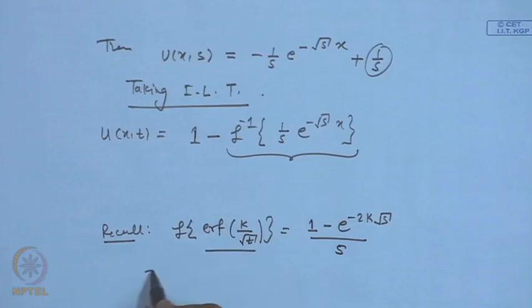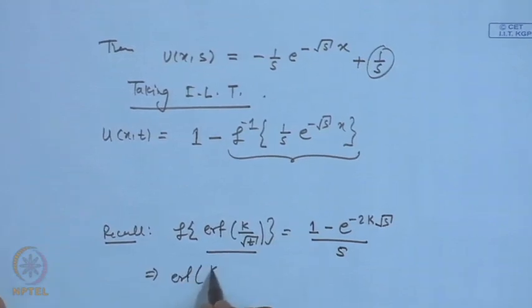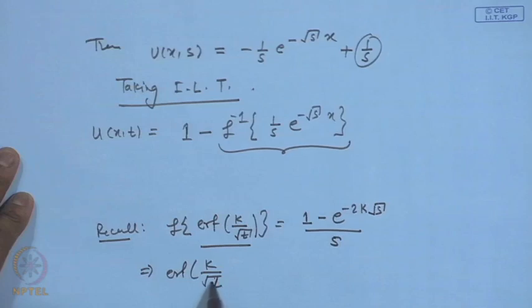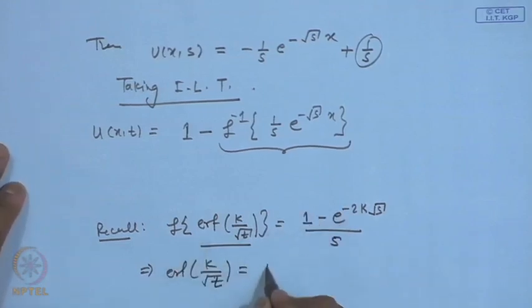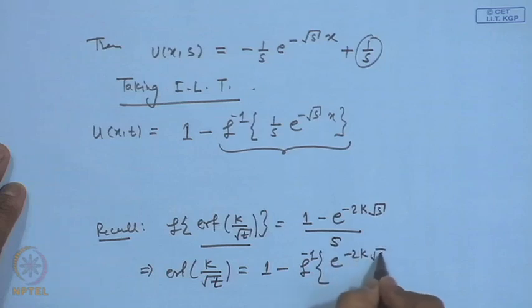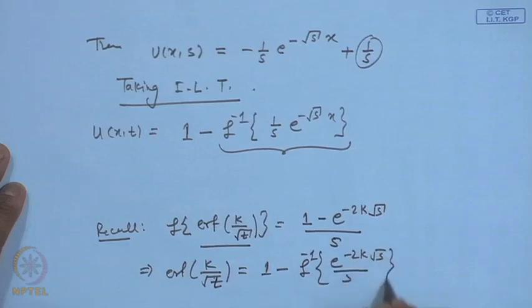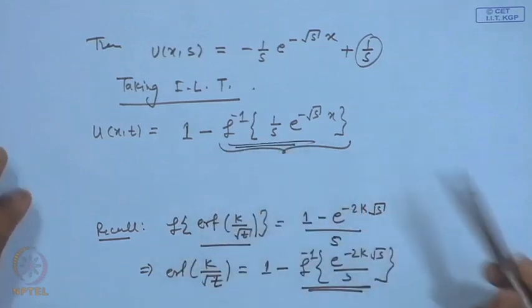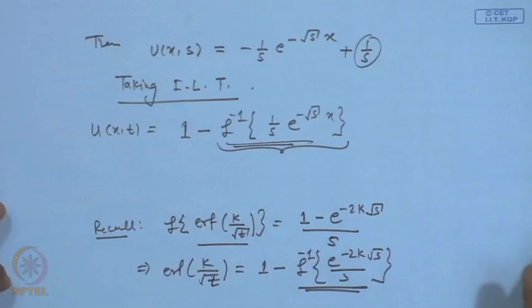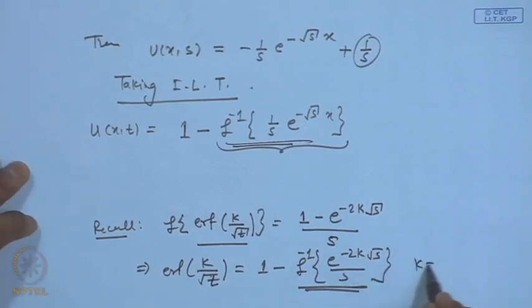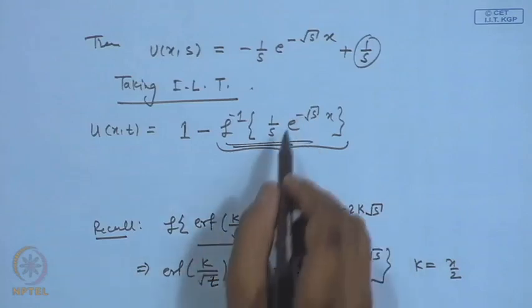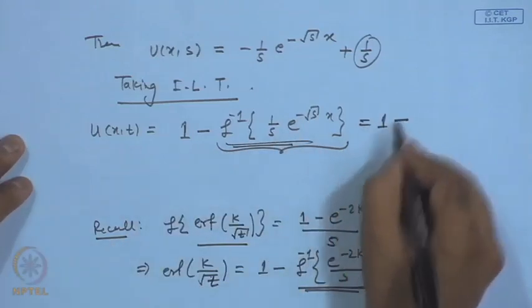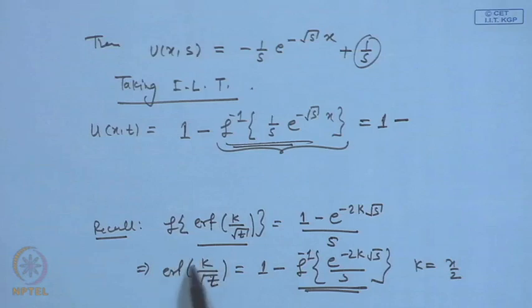So, the error function of k over square root t will be the inverse Laplace of this, that is 1 minus the inverse Laplace of e^(minus 2k square root s) over s, and this is exactly what we need here, the inverse Laplace of 1 over s e^(minus square root s x). So, in this k we can substitute x by 2 to get exactly the result.